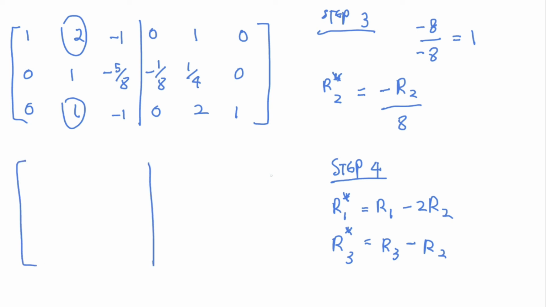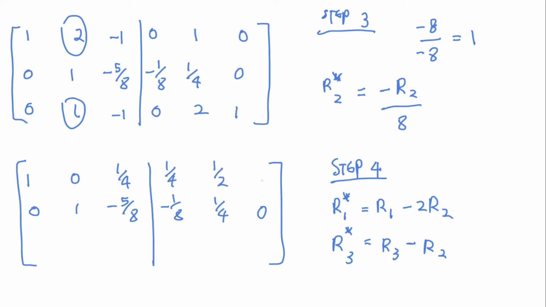So you will get the solution. We copy back all of row 2 first. Understand? And then the new solution will be 1, 0, 1 over 4, 1 over 4, 1 over 2, 0, and 0, 0, negative 3 over 8, 1 over 8, 7 over 4, 1.